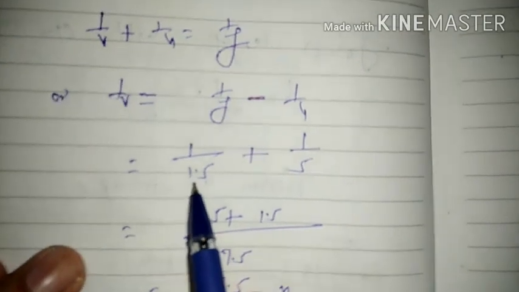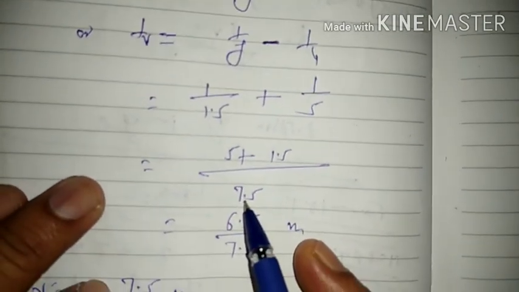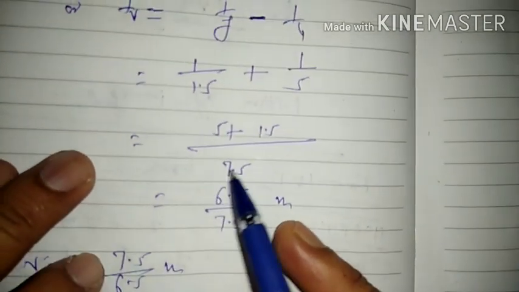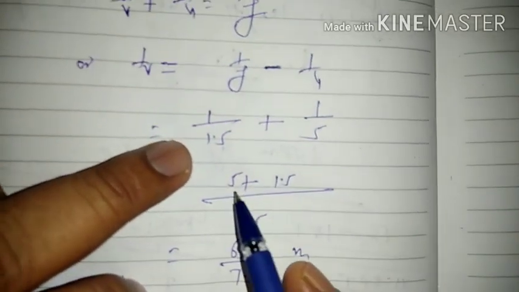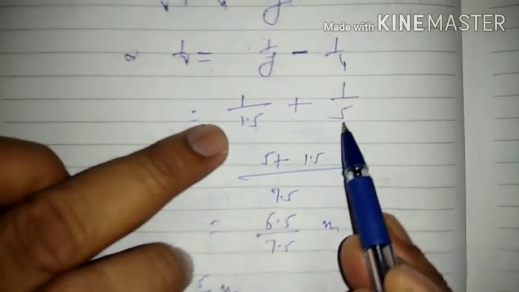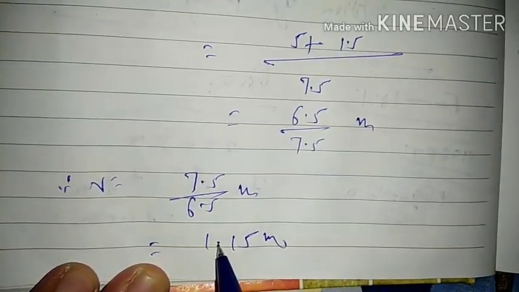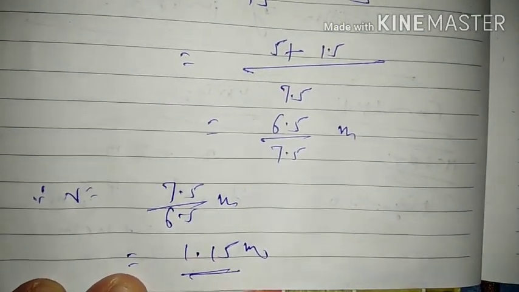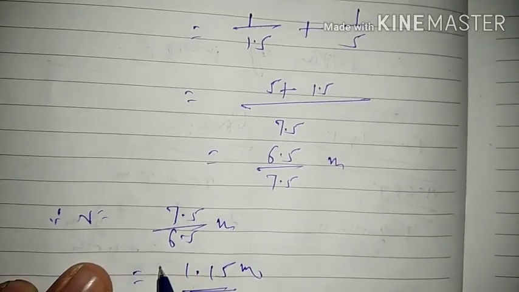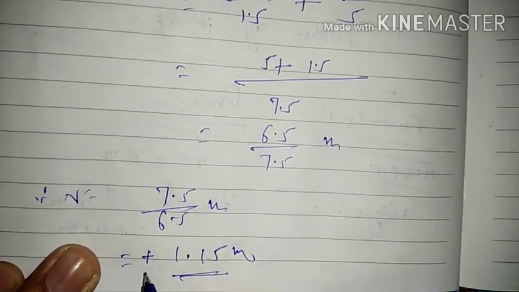This divided by 1 by 5. The LCM of 1.5 and 5 is 7.5, and solving it, what do we find? 5 plus 1.5, and this data becomes 1.15 meter. So this data is positive.